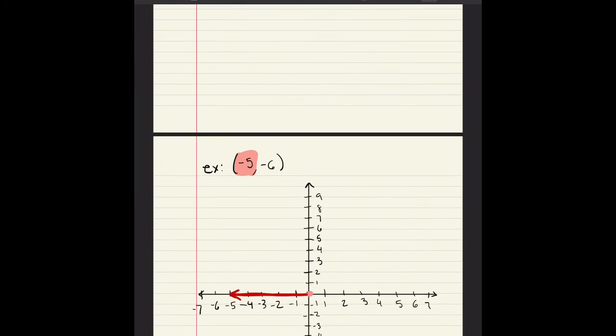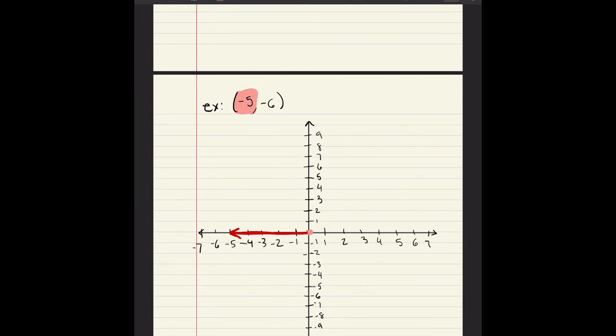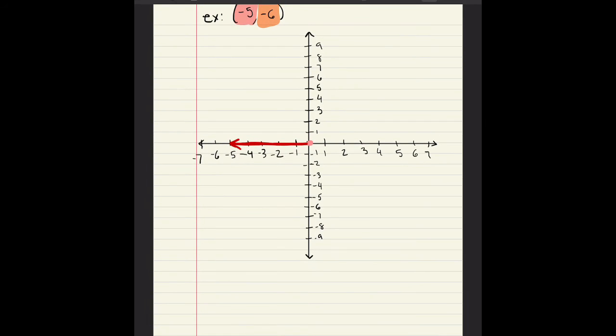So let's start by looking at our y-coordinate, and our y-coordinate is -6. So it's negative, so I know I'm going to be moving down. Just like here, I knew I was moving left because it's negative. And instead of starting at the origin, I'm starting where I left off, at -5.